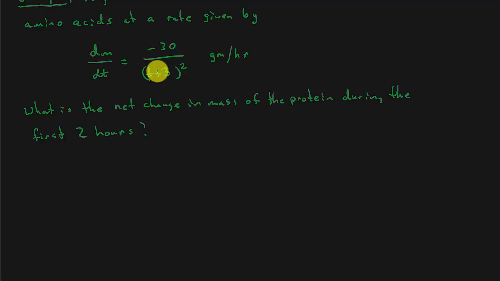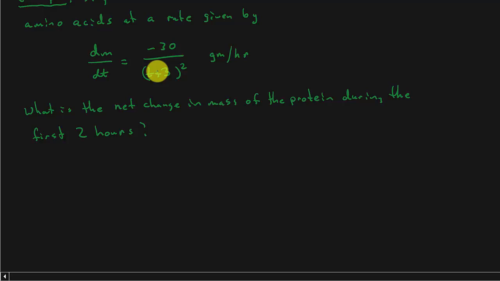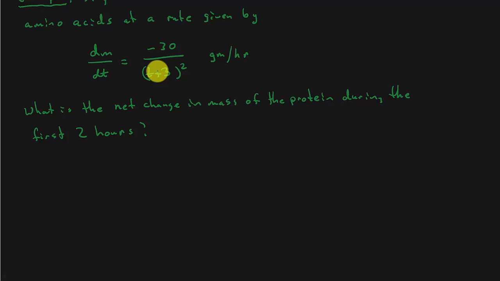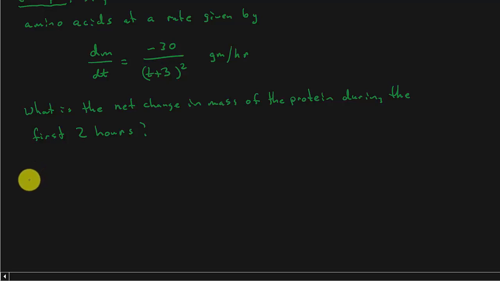So we're looking for the net change during the first 2 hours. That's m of 2 minus m of 0, right? That would be hour 0 to hour 2.